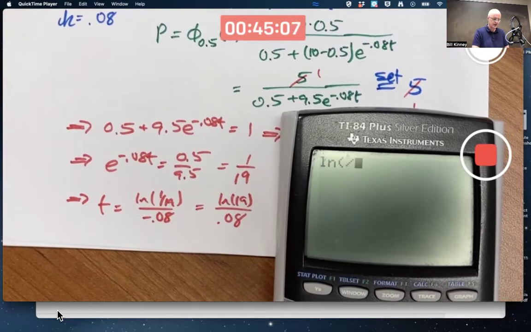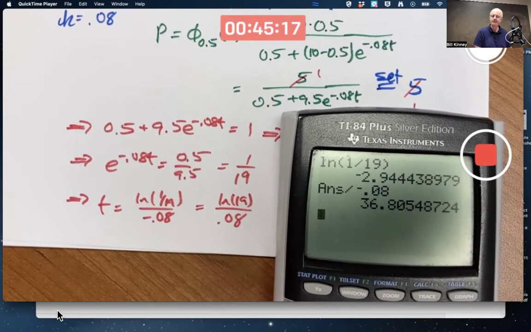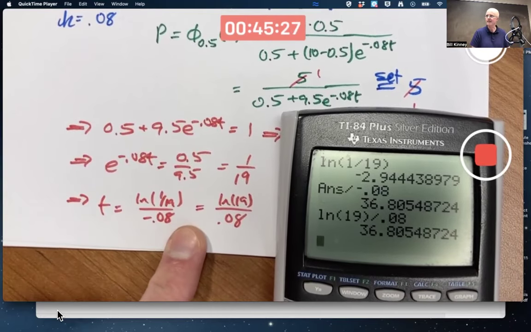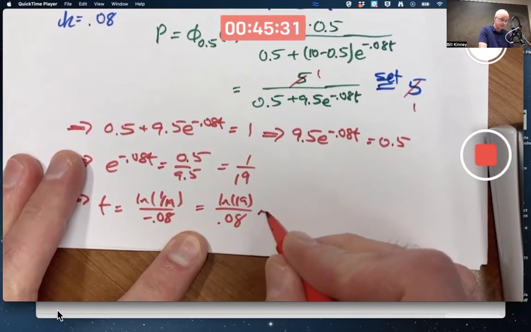You can always double check it. ln of 1/19 is this. Divide by negative 0.08, you get a positive 36.8. If you do ln of 19 divided by 0.08, you get the exact same answer. So about 36.8 years.